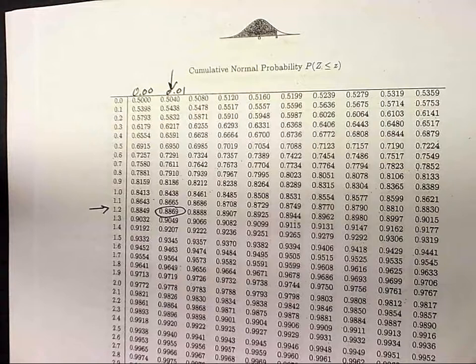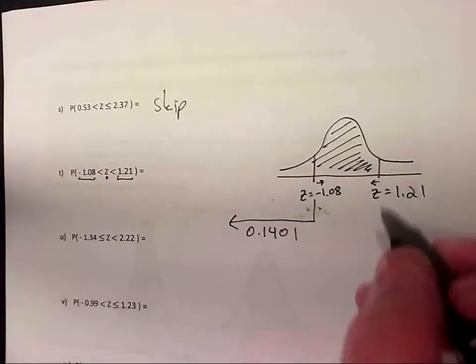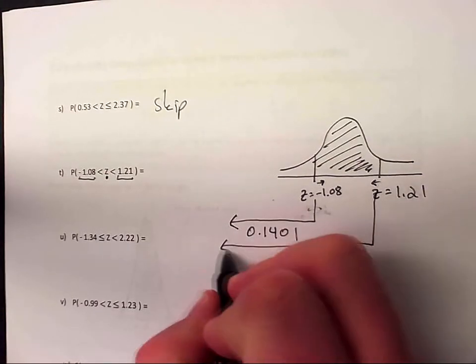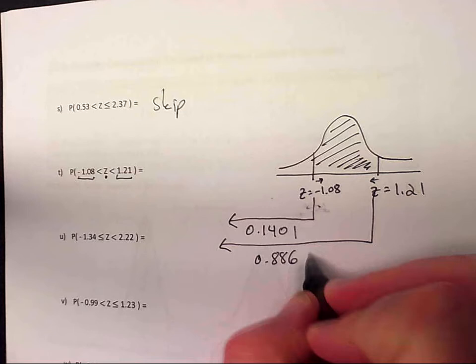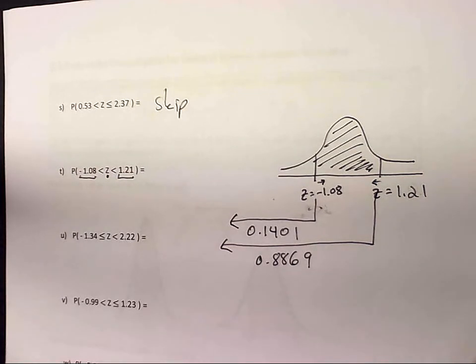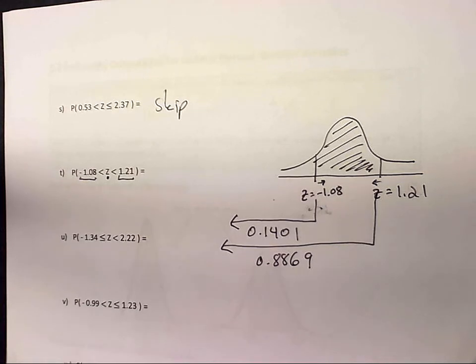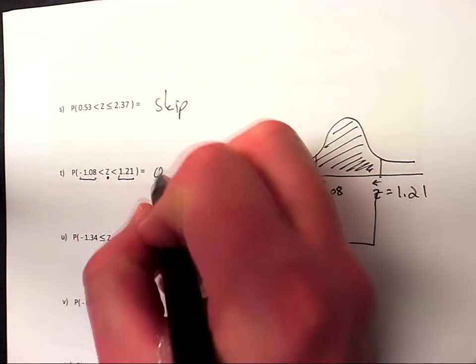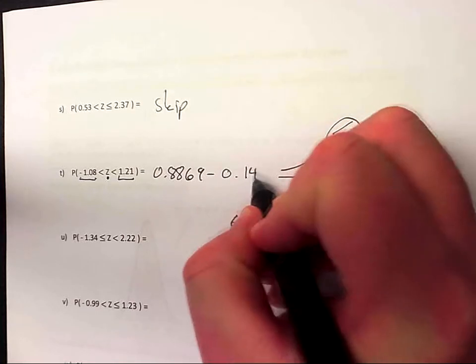Everybody go with 0.8869? Then that means that from here on down, we have 0.8869, or a little bit more than 88% of our distribution. And if we want to find out what's shaded in between, we're simply going to take the smaller one and subtract it from the larger one, so we're going to get 0.8869 minus 0.1401.